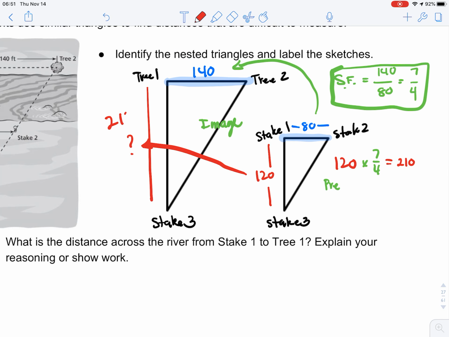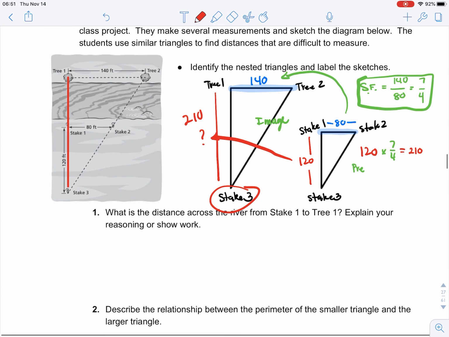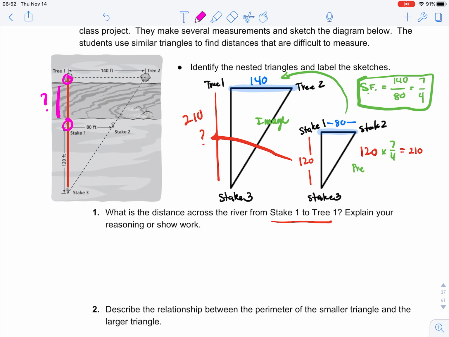Okay, now if this is 210, that is not the distance from, that's the distance from stake 3 to the tree. Now when we read the question, it says stake 1 to the tree. It wants to know this distance from here to here. Okay, we know the entire red distance is 210. How do we figure out the river or the stake to the tree?